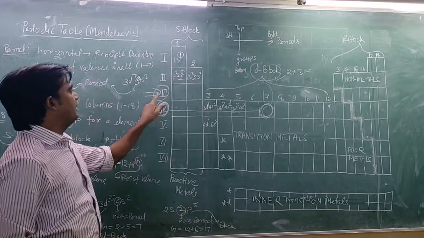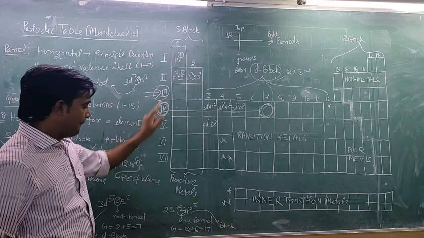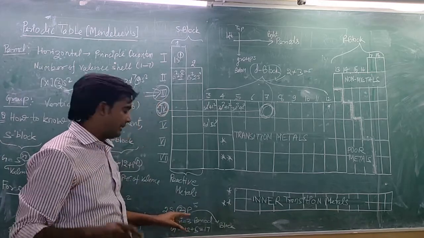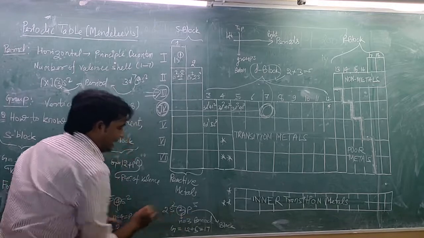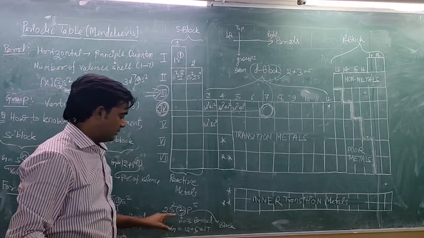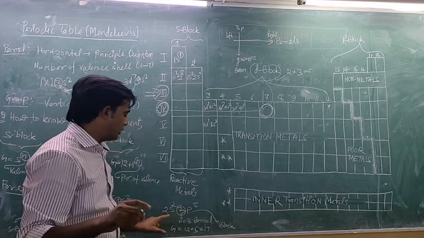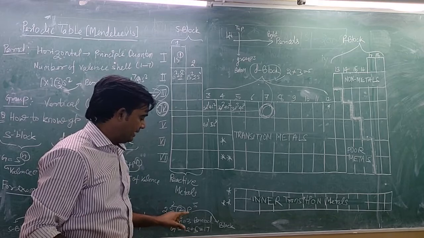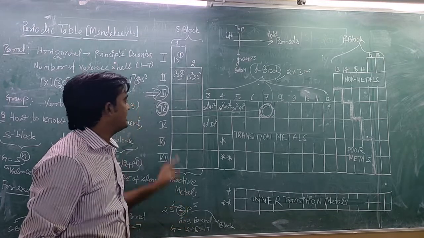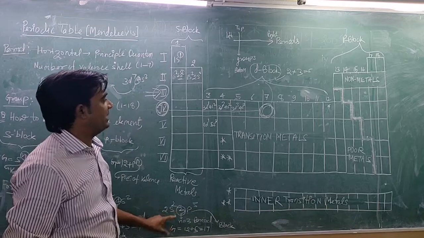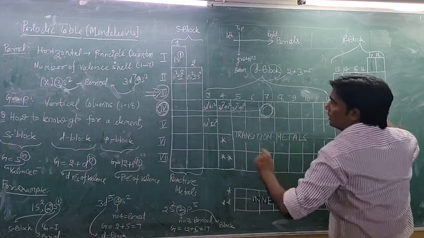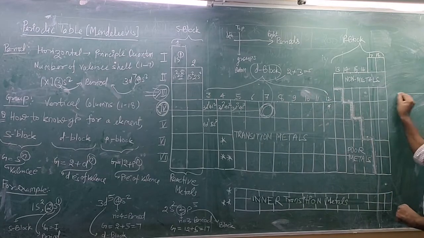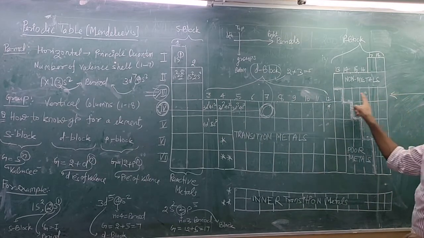Now the valence electron, that means the last electron, belongs to the p orbital, because the 2s orbital is completely filled. So this electronic configuration is from the p block elements: third period and p block elements.